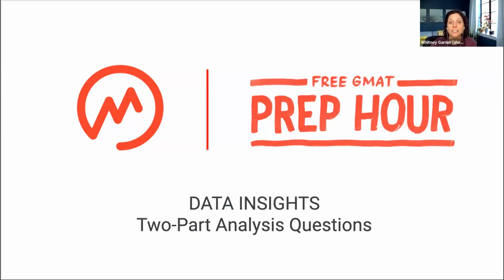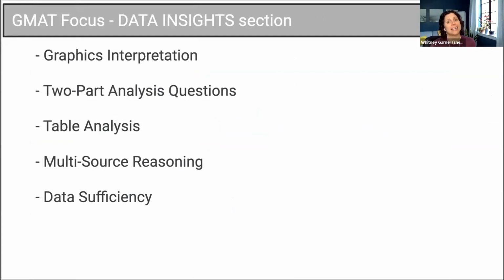So a little bit of a summary about the data insight section. On the GMAT focus, the new edition that'll be going live in fall of 2023, the GMAT focus edition is going to involve the 4 question types that are currently a part of integrated reasoning. So these are currently the IR section: graphics interpretation, that I've been talking about on the last few free prep hours, the 2-part analysis questions that we're going to talk about tonight, table analysis, and multi-source reasoning.